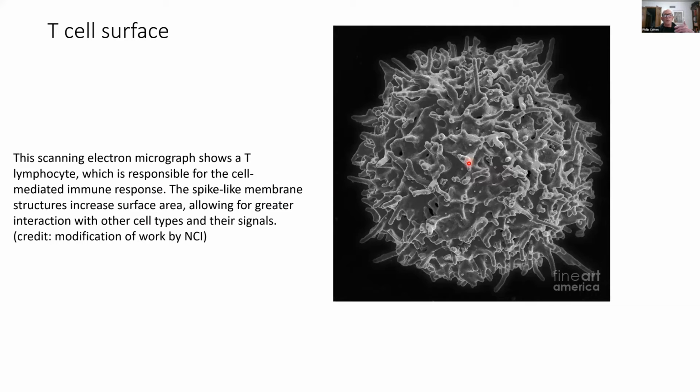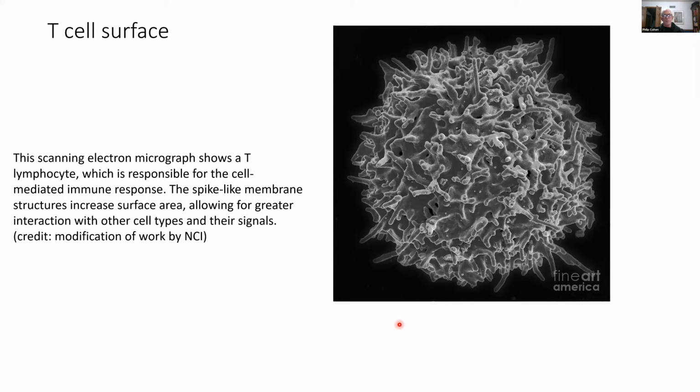And this is a more accurate depiction of what the surface of a cell looks like. This is a lymphocyte, which is a white blood cell involved in the immune system. And these things sticking out are not individual molecular structures. They are just additional surface area on the cells, and they just create more surface to have a greater statistical impact from the things that they do.